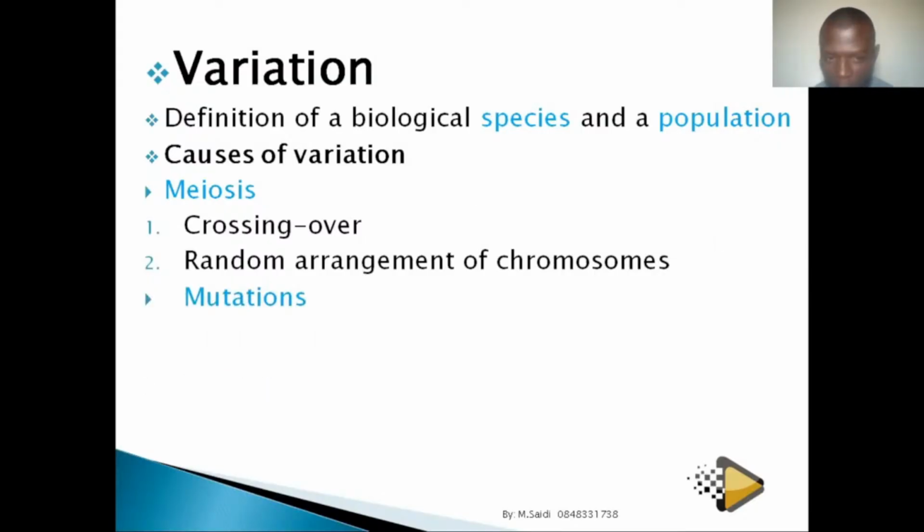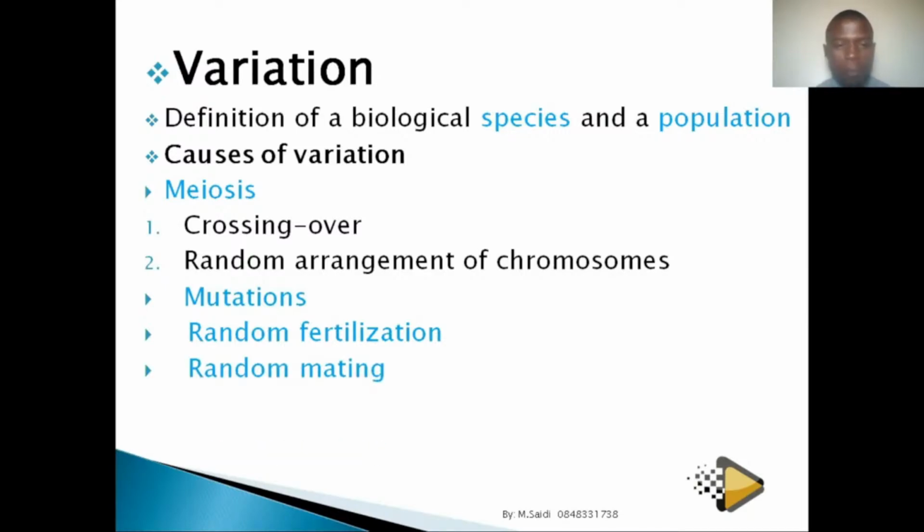Then you're going to look at mutation. Many people have been asking me about mutation. We're going to also talk about a bit of mutation, but we will have another class which will talk about mutation in detail. Then we are going to talk about random fertilization, which is another factor which causes variation.